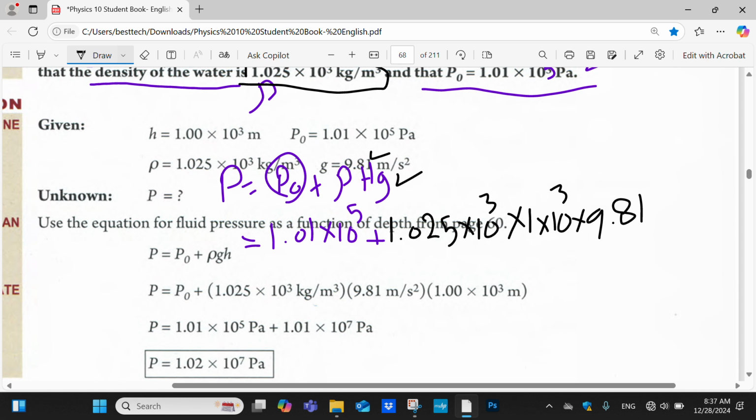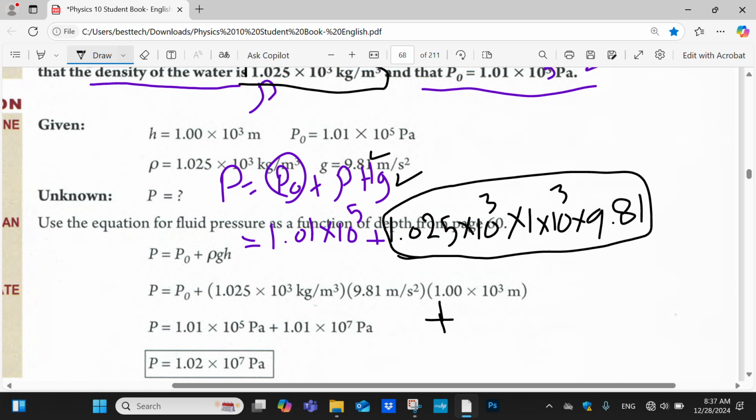Students, first you can multiply the right side alone by the calculator. The answer of the right side has become 1.01 times 10 power 7, I think.